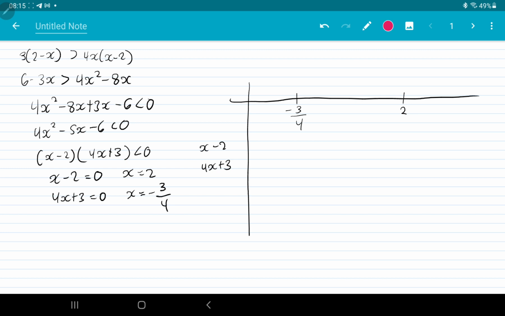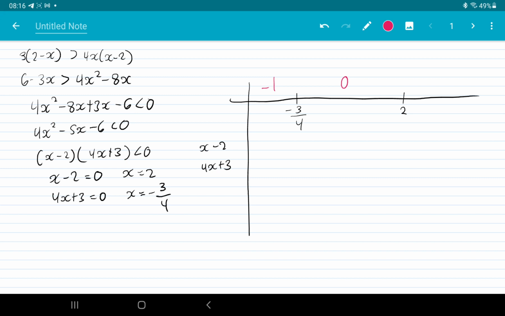For example, negative 3 over 4 is equivalent to negative 0.75, and on our left side should be negative 1. For the value between negative 3 over 4 and 2 it should be 0, or any number as long as it's less than 2 but bigger than negative 3 over 4.